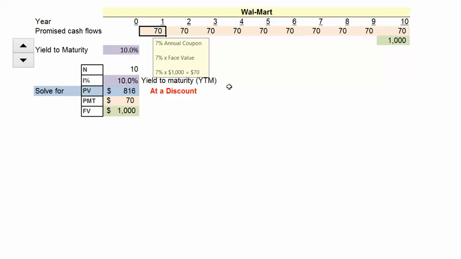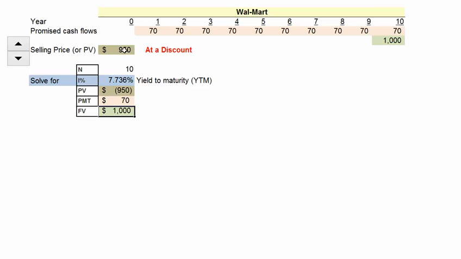Thus, not a very good bond to buy, not a lot of demand, and the price would fall until it reached $816, and we would say this bond sells at a discount. So again, we can be given a yield to maturity that we require and solve for a bond price, or we can be given a bond price and that determines the yield that we earn on a particular bond.